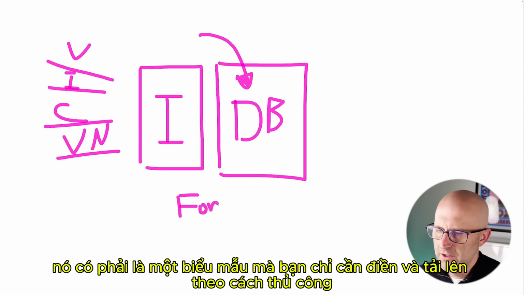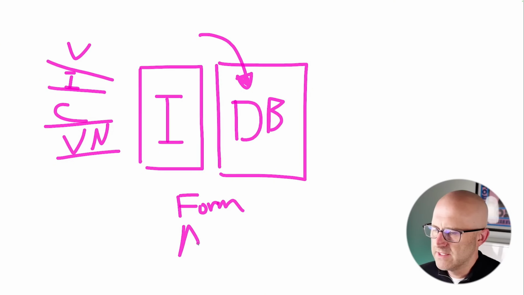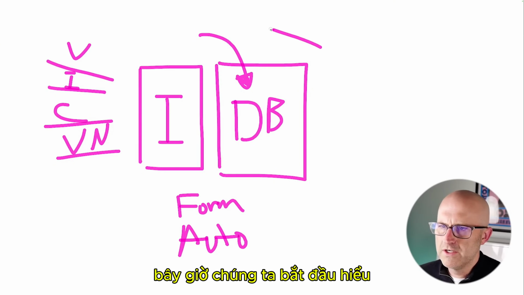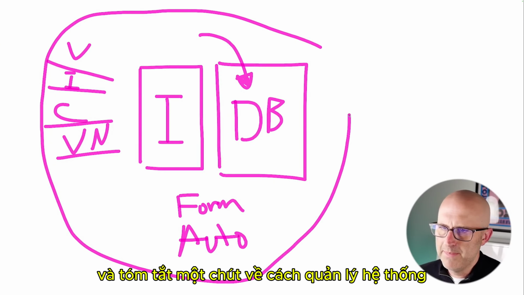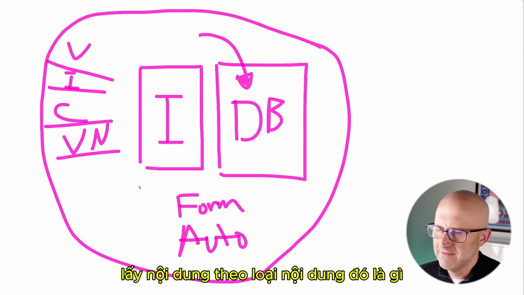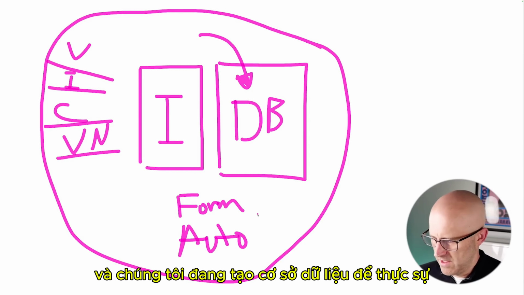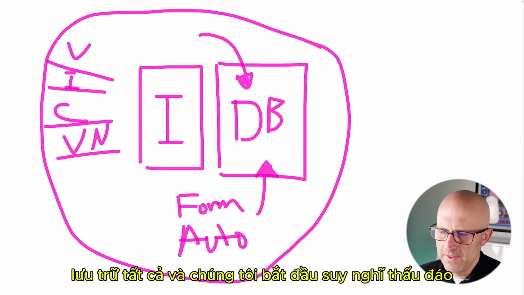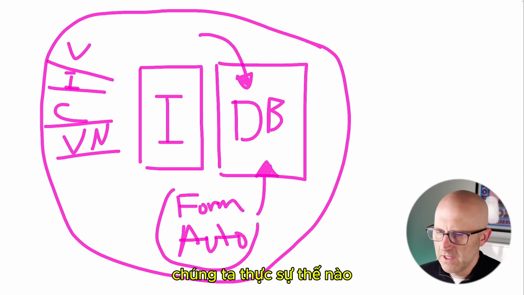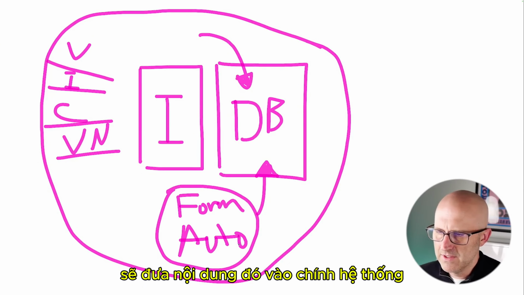Is it a form that you just manually fill out and upload? Is it an automation? So now we're starting to understand and abstract a bit about how to manage this system, get stuff in, what type of content is it, and we're creating the database to actually store it all. And we're starting to think through, okay, how are we actually going to get that content into the system itself?